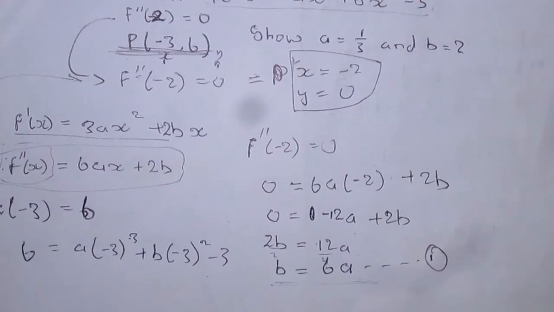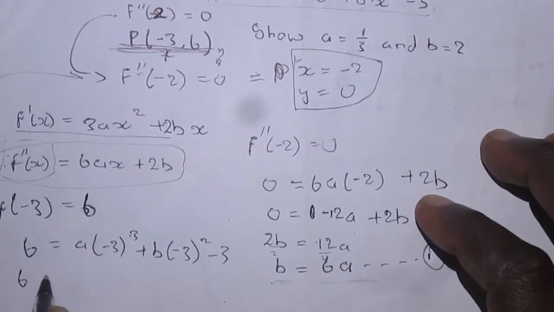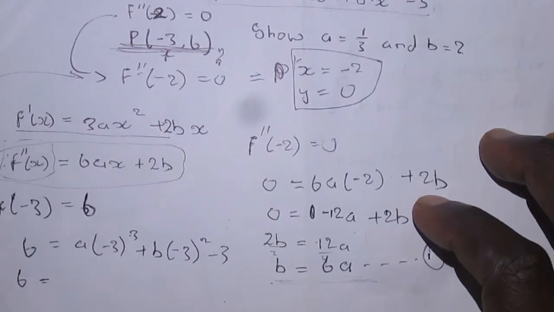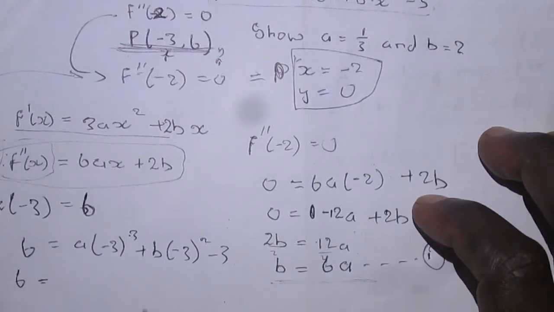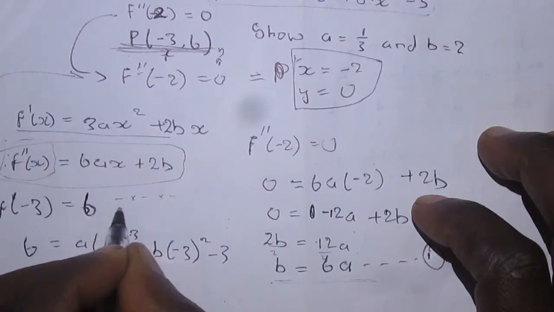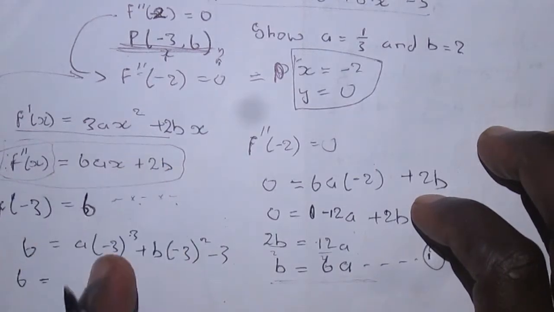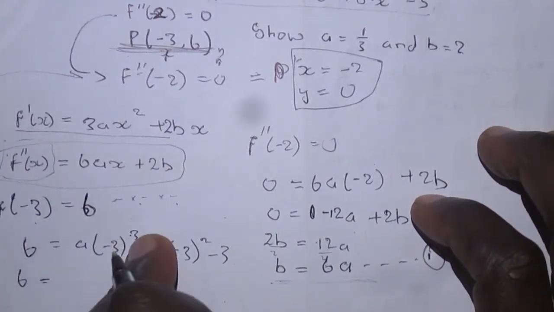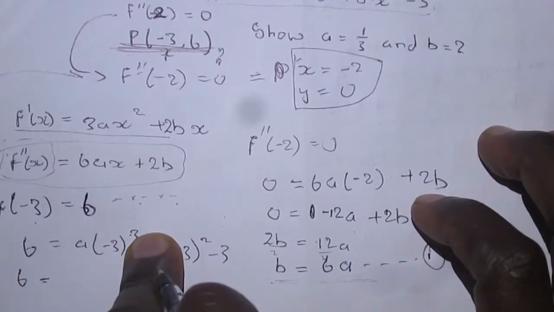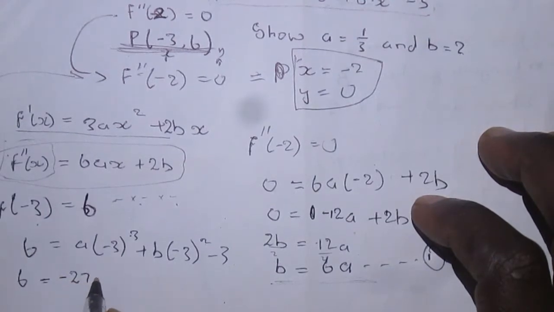Now let's simplify it, it's too big like this. 6 is equal to, negative cubed means negative times negative times negative. Negative times negative is positive, times a negative is negative, so it's negative cubed. 3 cubed is 27, so negative 27a.